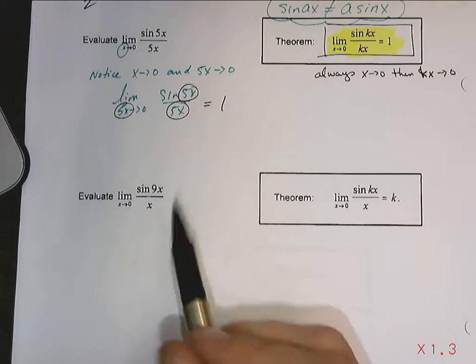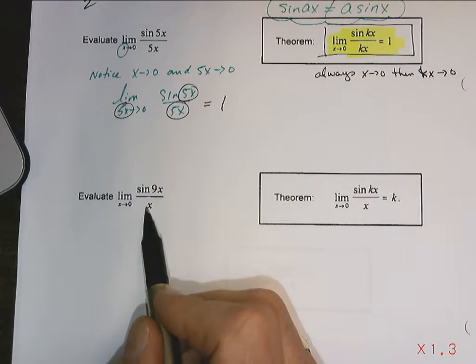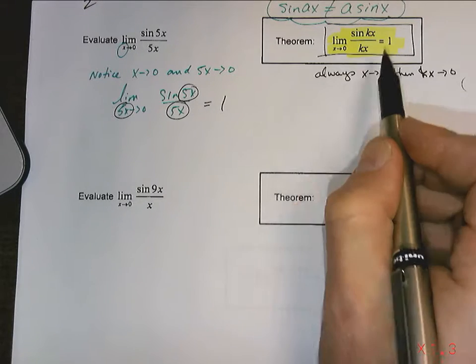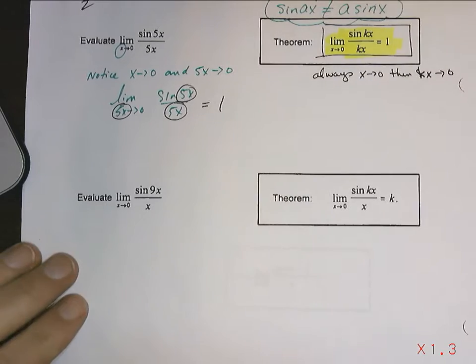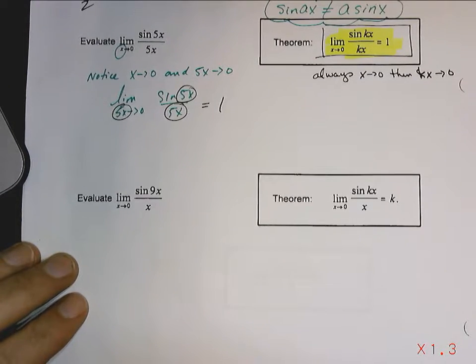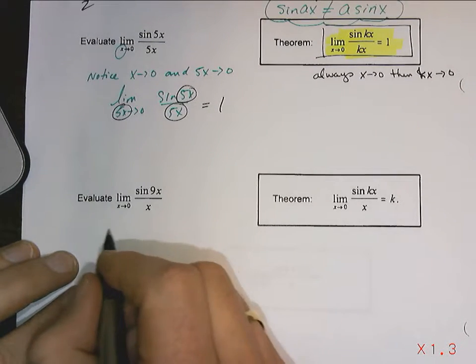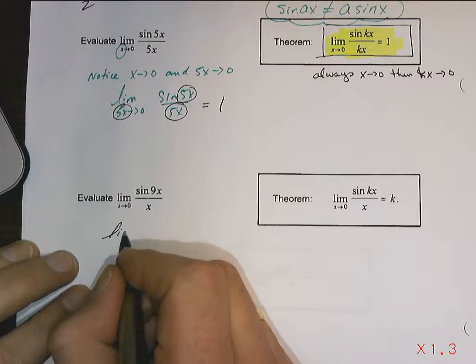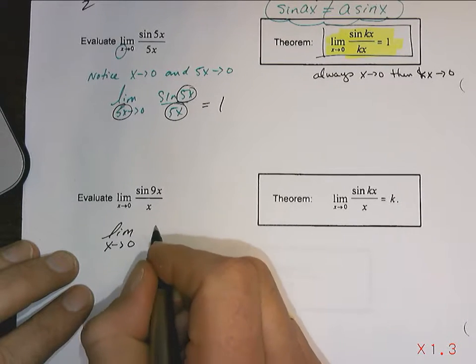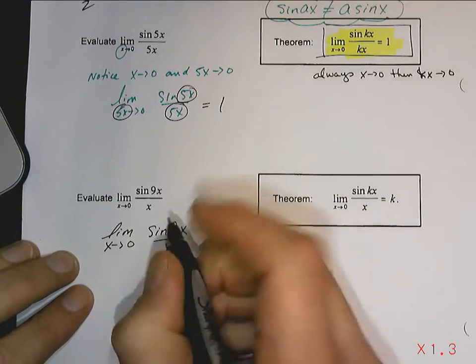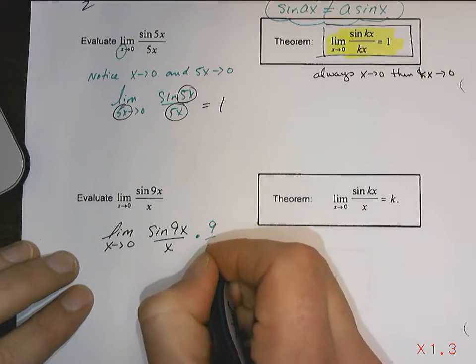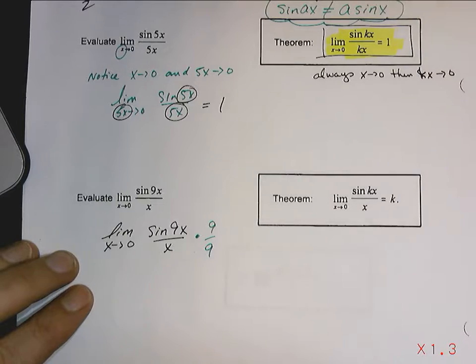Now this one's different. I've got a 9, but I don't have a 9 down here. I don't have this pattern. The 9's not in the bottom. So I'm going to do something to get a 9 in the bottom. I'm going to multiply it by 9 over 9, which is equal to 1.